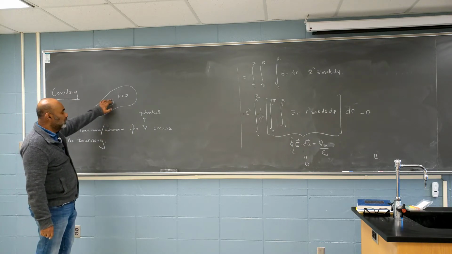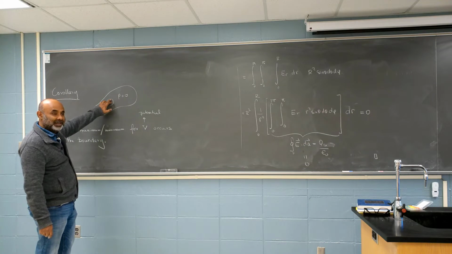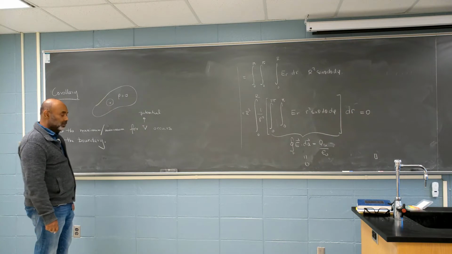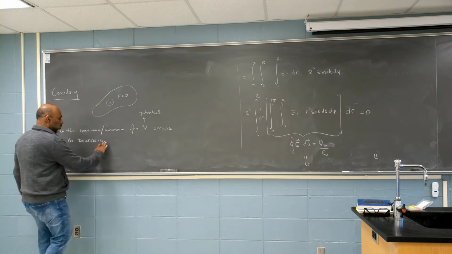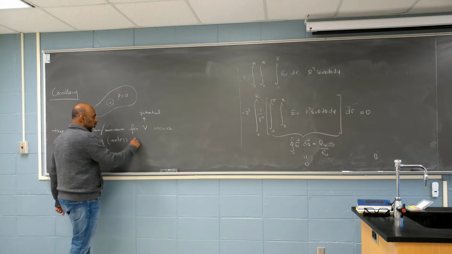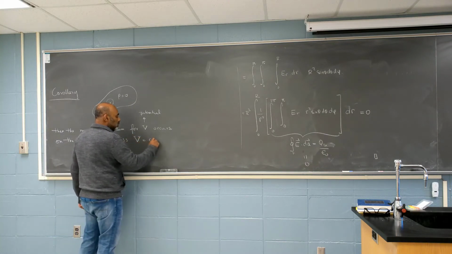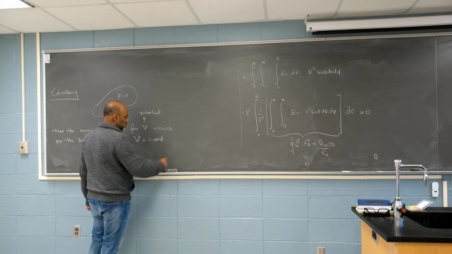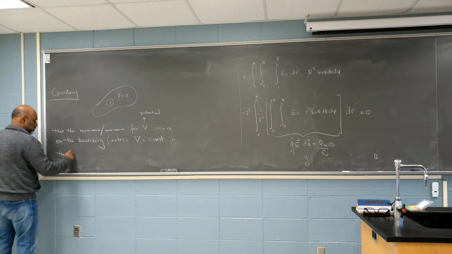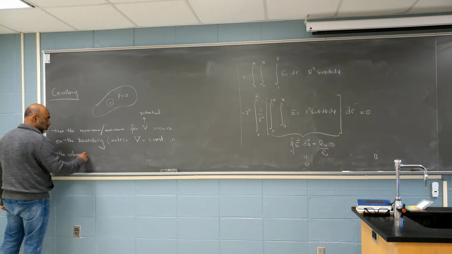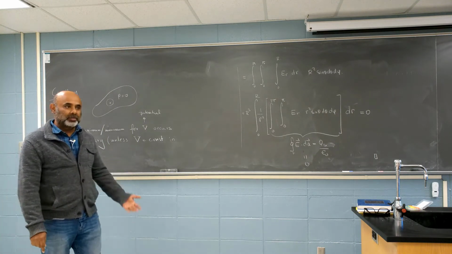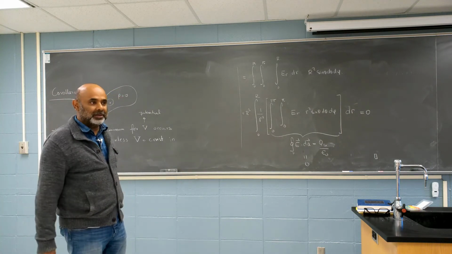If it cannot be more than V maximum, it has to be exactly V maximum everywhere. I should say, unless V equals constant in the volume. If V equals constant, it's not a true maxima or a minima. Every point is a maxima or a minima.